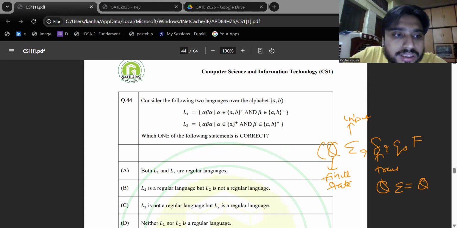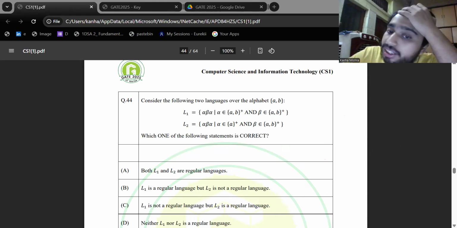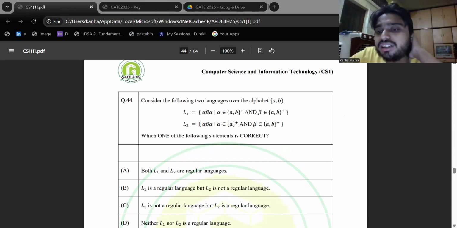Okay. So the five tuple is what we need to figure out. It basically starts at the initial state, reads the input one symbol at a time, and uses the transition function to move between states based on the input. And after reading the entire string, if it is in an accepting state, then the string is accepted. Otherwise, it is rejected.